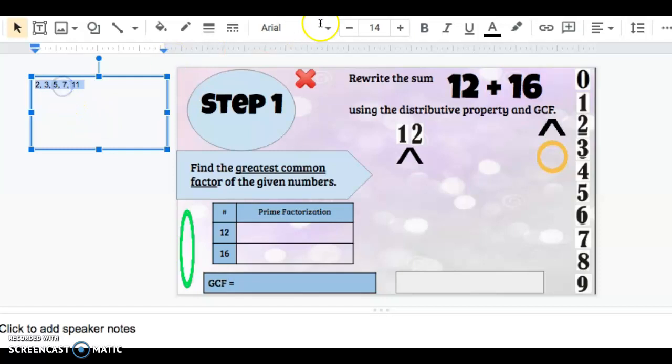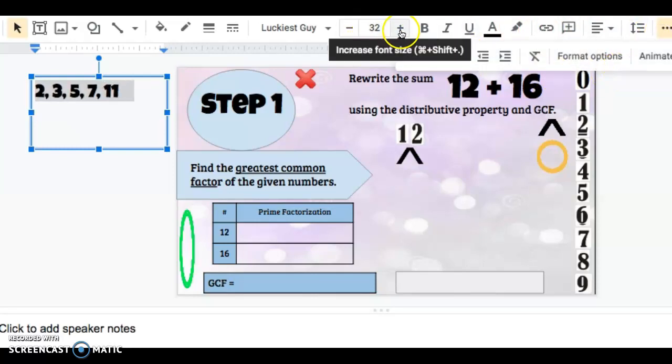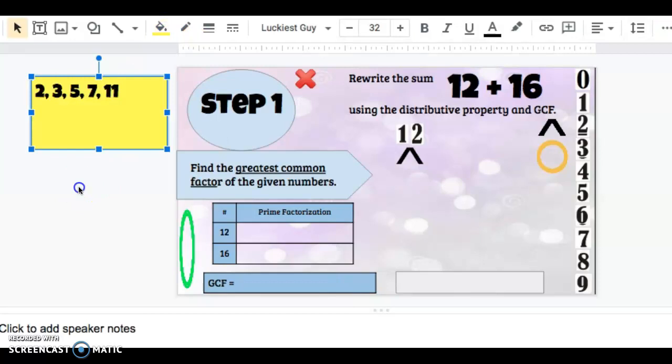Those are the numbers that we want to deal with when we are circling our prime numbers, because these are some of our prime numbers over here. Some of them, not all, some, okay?